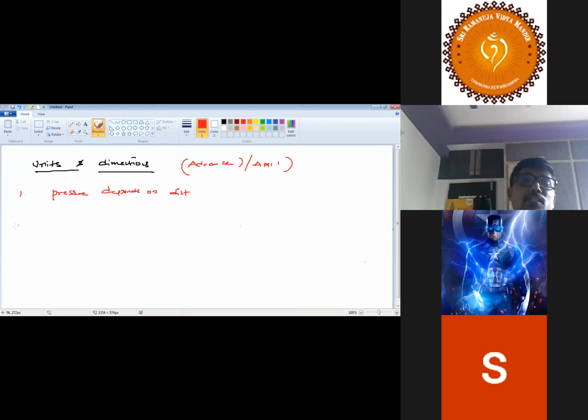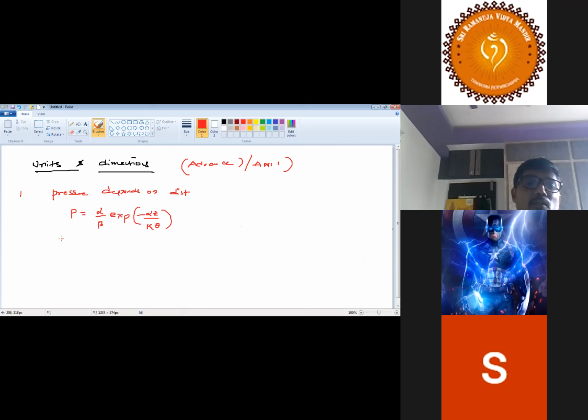The equation is given as pressure P is equal to alpha by beta, exponential of minus alpha z by k theta. Here alpha and beta are constants.